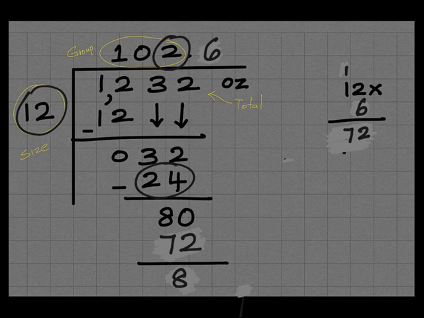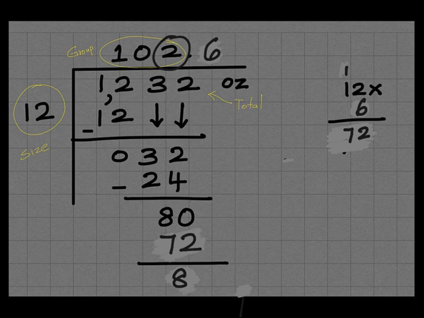So 12 goes in 32 two times. The next step is to subtract 32 minus 24. We have 8. 8 is a small number, so let us make a decimal in the quotient. When we make a decimal, let us add a 0, and now the number that we have is 80.